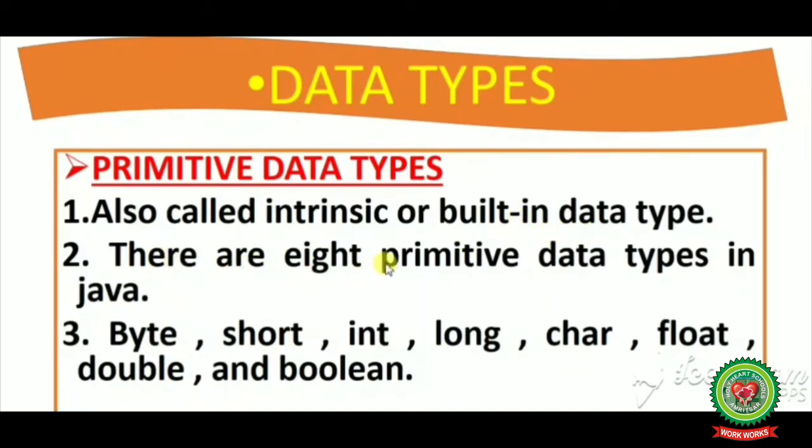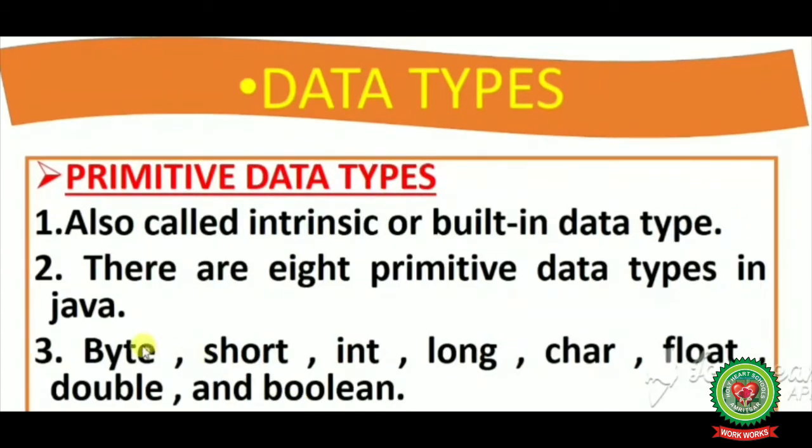There are 8 primitive data types in Java, that is byte, short, int, long, char, float, double and boolean.